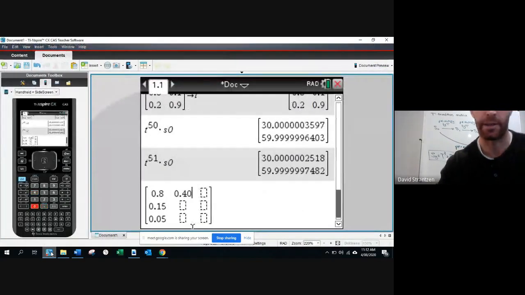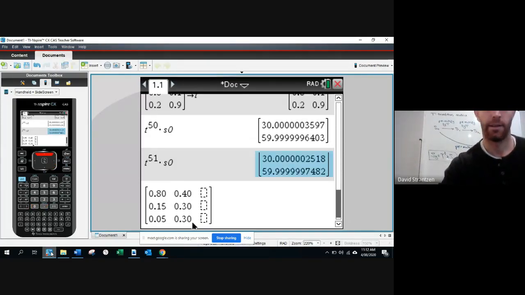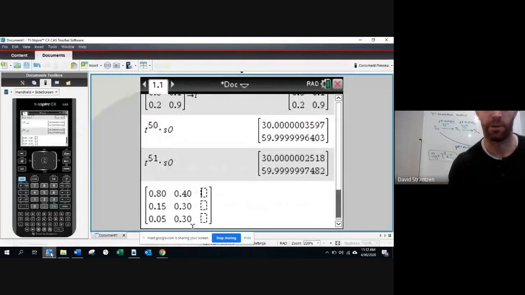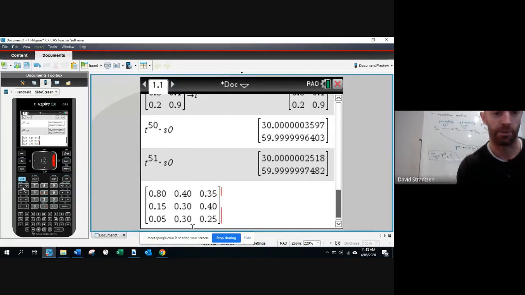Notice that the calculator won't, oh yeah, it will do 2 decimals, so I should stick with that rule of doing 2 decimals. 0.30, 0.30. And lastly, the third column, 0.35, 0.4, and 0.25. I'm going to store that as matrix T.